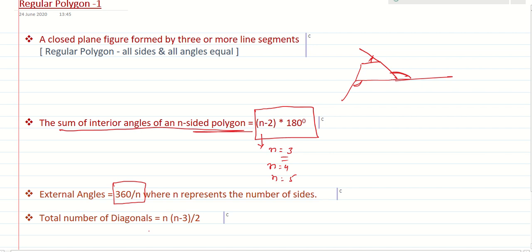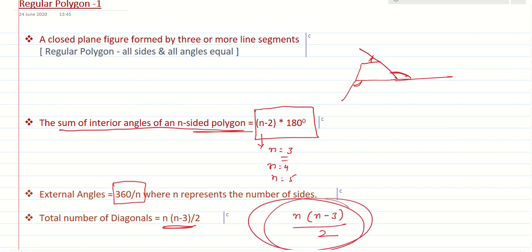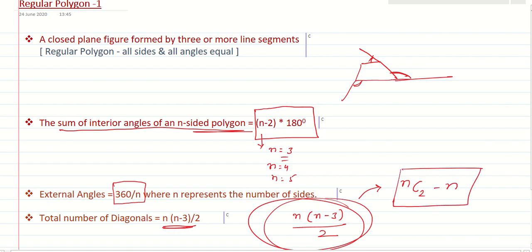And the total number of diagonals, always keep in mind, n into (n minus 3) divided by 2, right? Or there is one more formula, nC2 minus n. Understood? The one more formula, combination. n is the number of sides. So nC2 minus n. Okay.